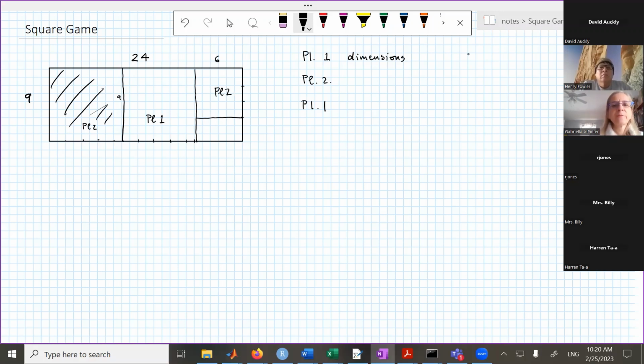So what will player 1 do? This was 6, so it's 3 left. The largest square we can draw in is 3 by 3.